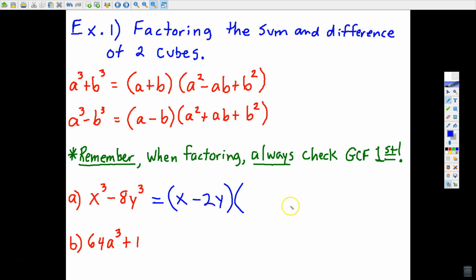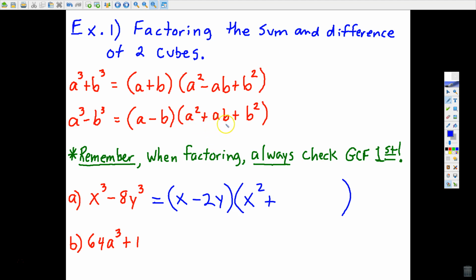All right, it's going to be a trinomial. This tells me to take the first of these two terms and square it. So my first term in this problem is x. I'll raise it to the second power. The next sign, according to the factoring, is plus. This tells me to multiply the two terms that I came up with together. These two cube roots, I'm going to multiply them together. Now this is tricky for some people because the tendency is to treat this as x times negative 2y and get a negative result.